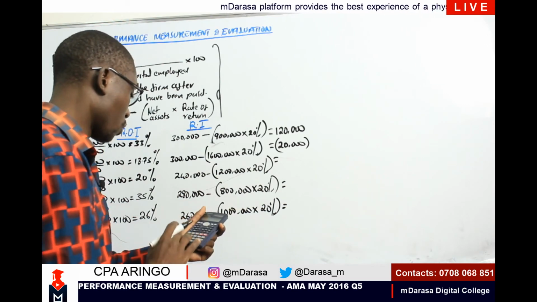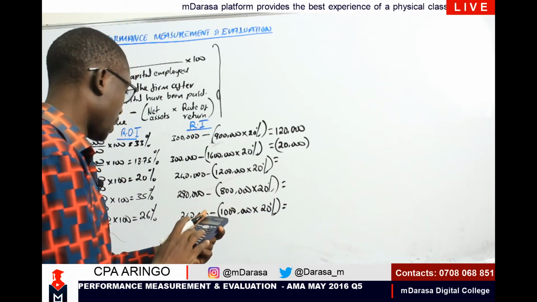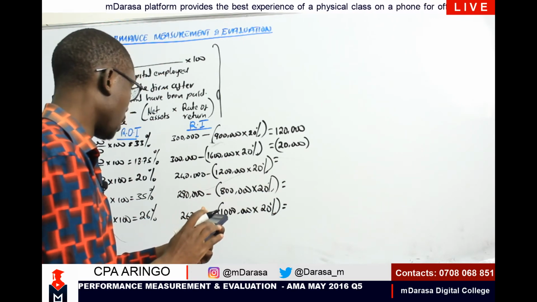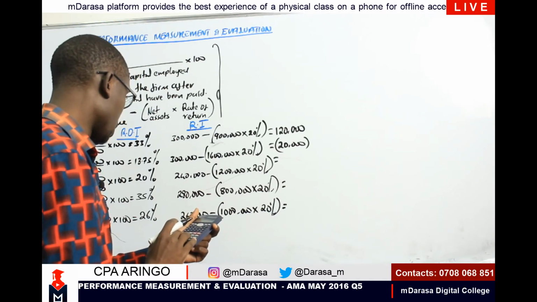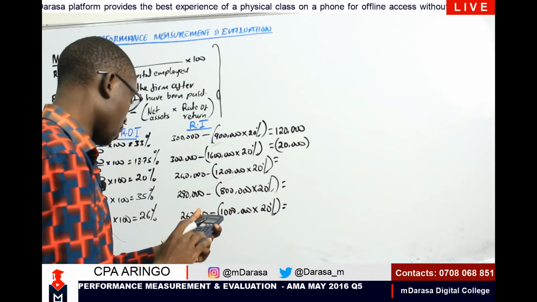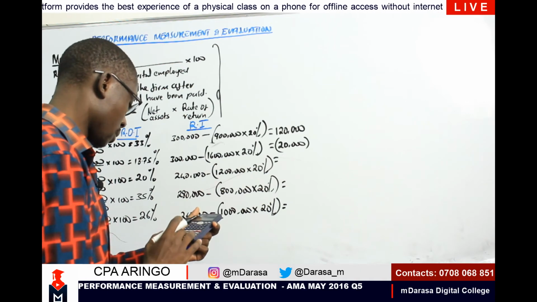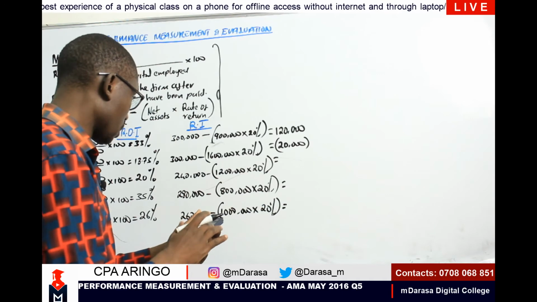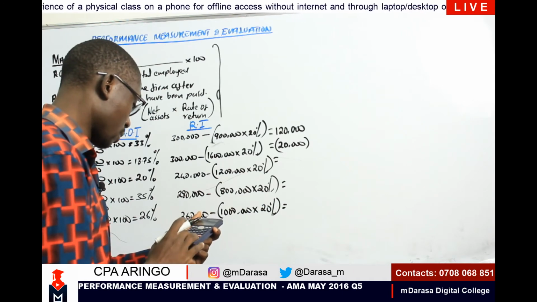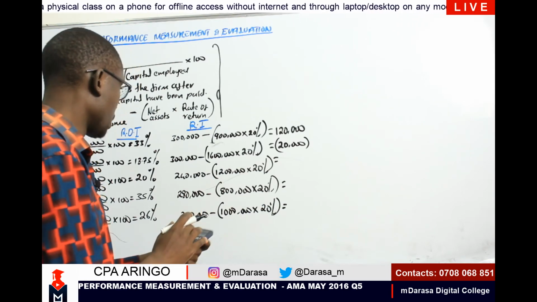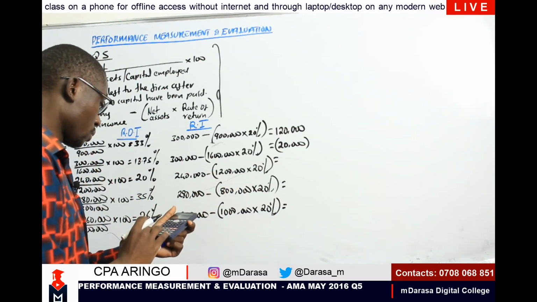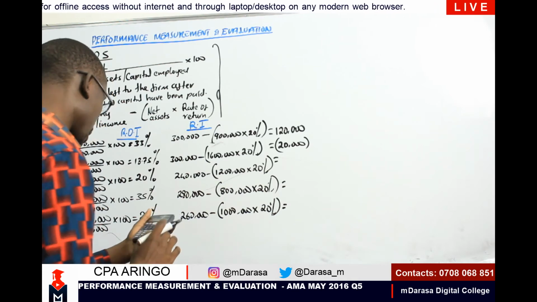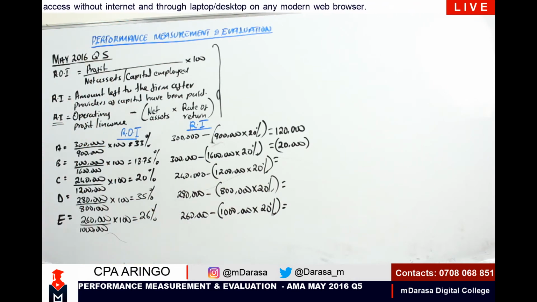The other one, we should be talking of 240,000 minus 1.2 million times 0.2. That should give us 0, right?